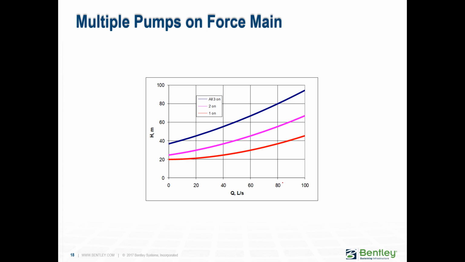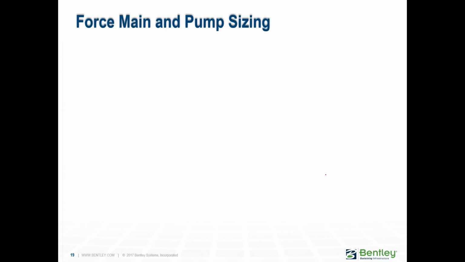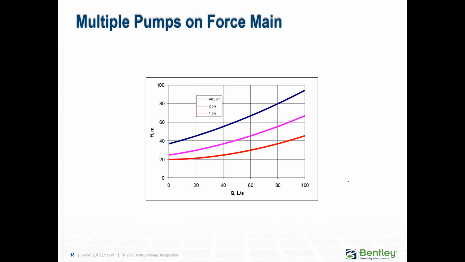Okay, so what if there are multiple pumps on a force main? If there are multiple pumps on a force main, then the system head curve that any pump sees depends on what's going on with the other pumps, right?